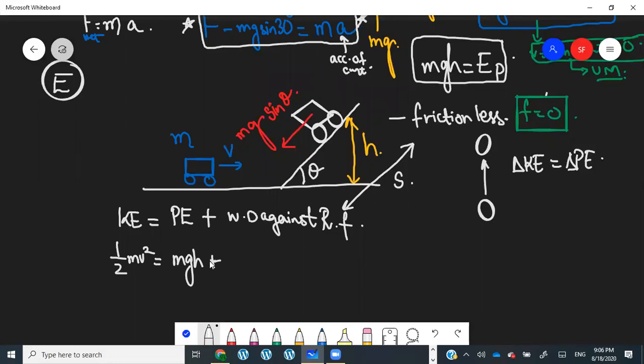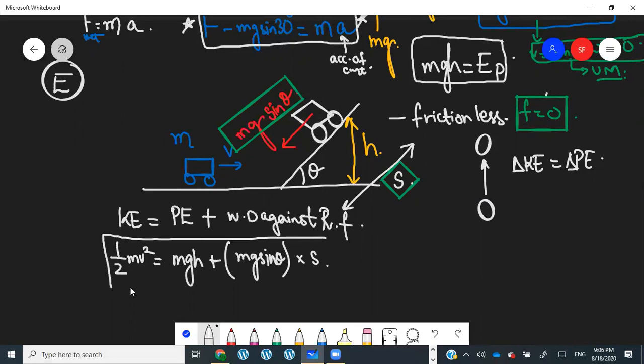And the work done against the resistive forces is F into distance s. What's the F? mg sine theta. Yes, correct. So mg sine of theta, the resistive force, multiplied by s, the distance that has been covered. So these are the energy conversions when there is no forward force acting and the body has turned to rest. Turning to rest means its kinetic energy has become zero.